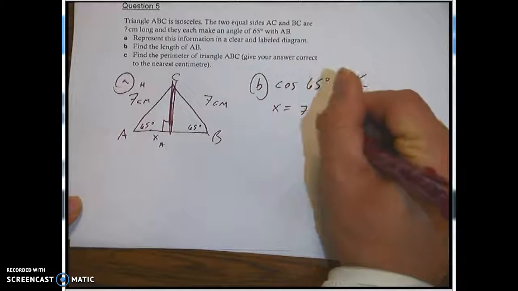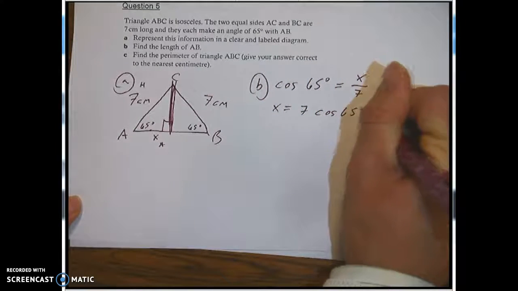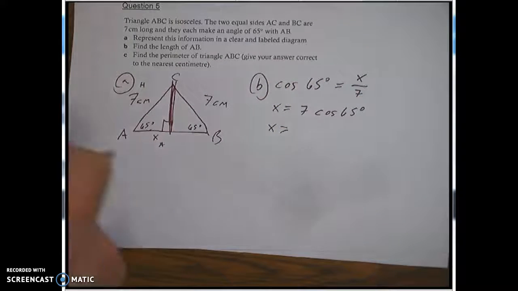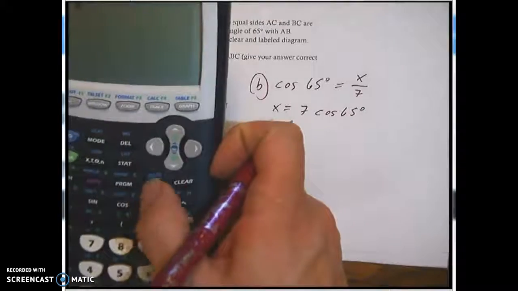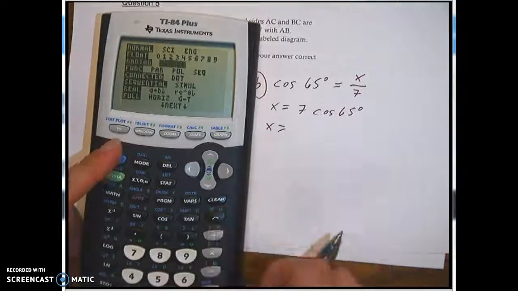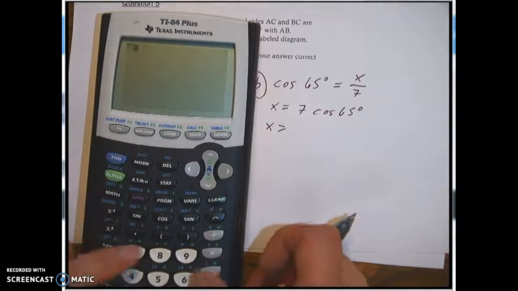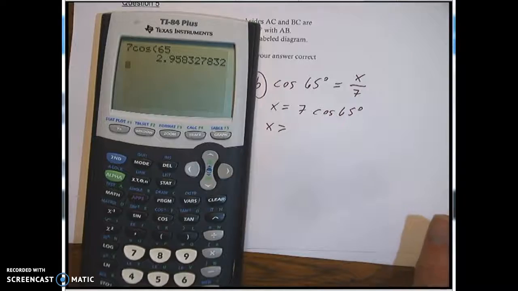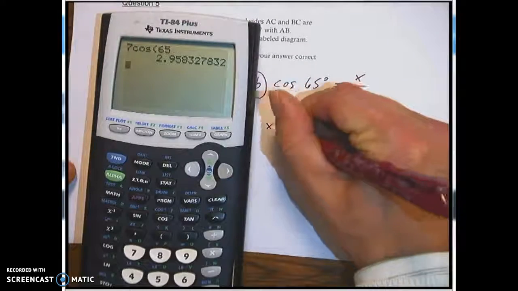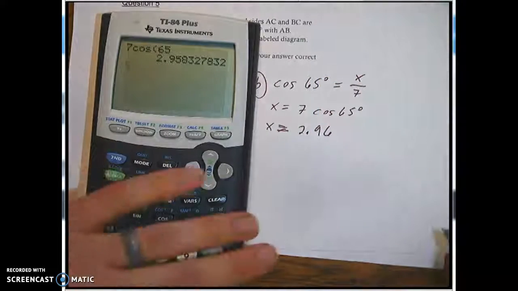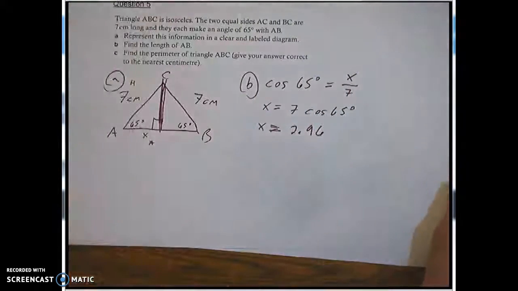x is 7 times the cosine of 65 degrees. And that is just calculator work. Make sure your calculator is in degrees mode. Hit that mode button, put it into degrees, and type in 7 cosine of 65. That is going to give you x equal to 2.96, to 3 significant figures.